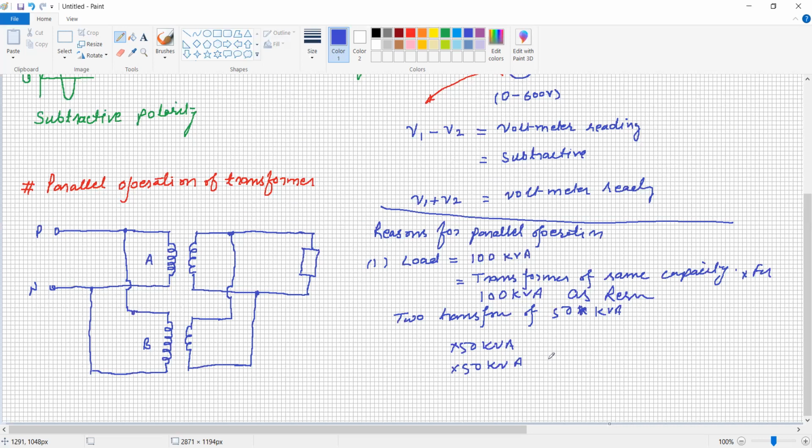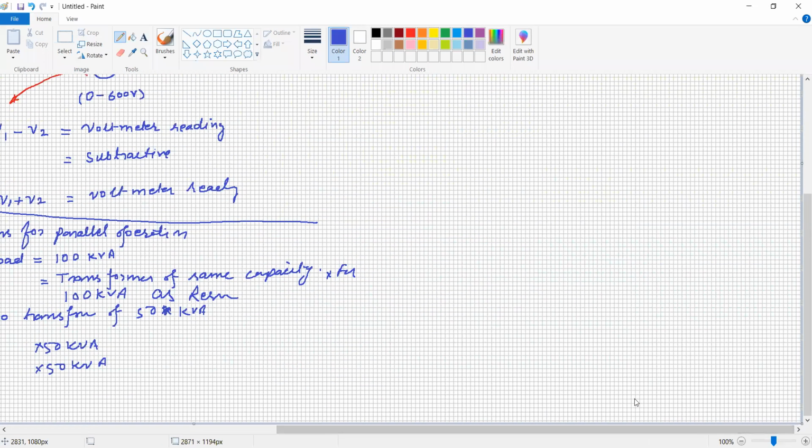necessary conditions for parallel operation? What are the conditions to connect in parallel operation?